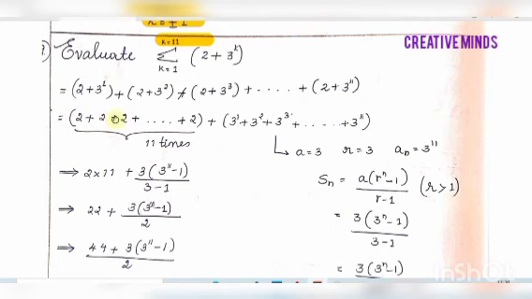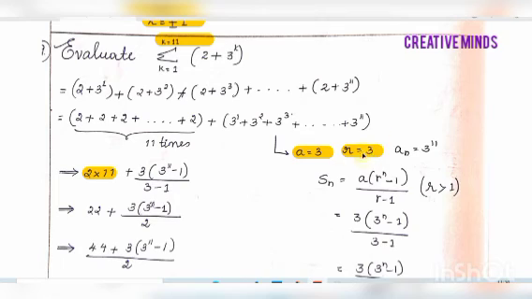This is in geometric progression. The a value is 3 to the power of 1, that is 3. R is 3 to the power of 2 divided by 3 to the power of 1, that is also 3. An is 3 to the power of 11.